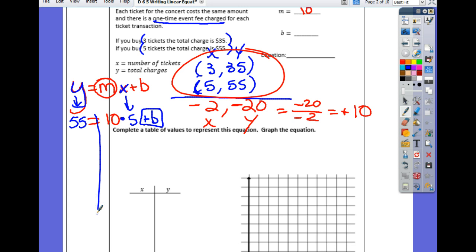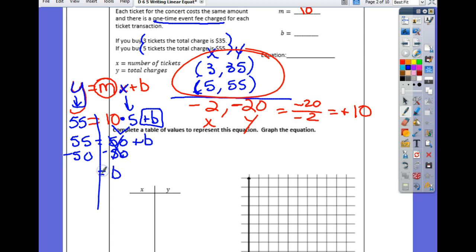What do I do first to solve this? Multiply and get what? 50. So I have 50 plus b on this side. I still have 55 over here. What do I do now? Inverse operation, send over what? How do I do that? Subtract 50. Those cancel out.